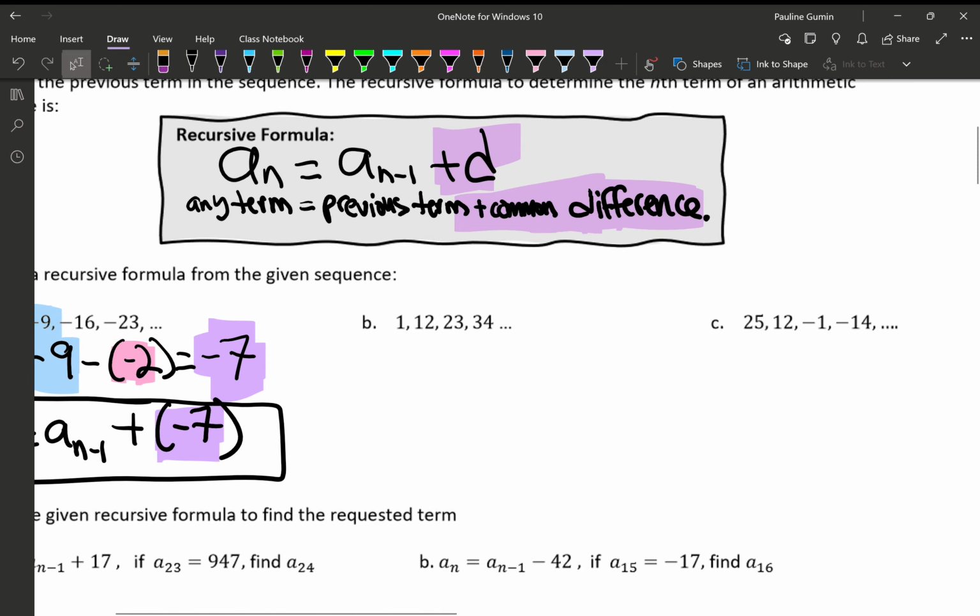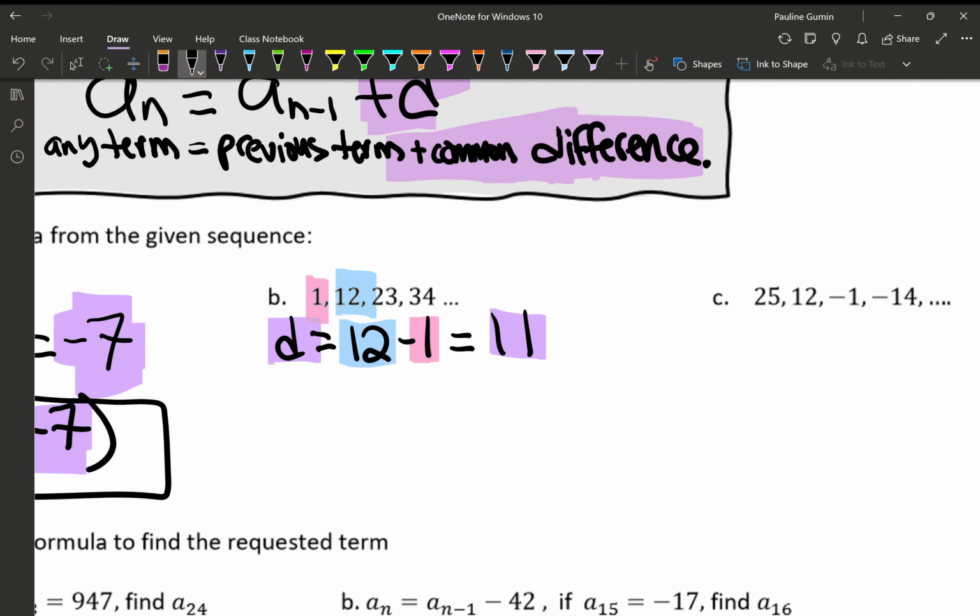Let's do letter B. Our common difference is going to be 12 minus 1, which is 11. Let's color code. So our formula is we can find any term by taking the previous term plus 11.